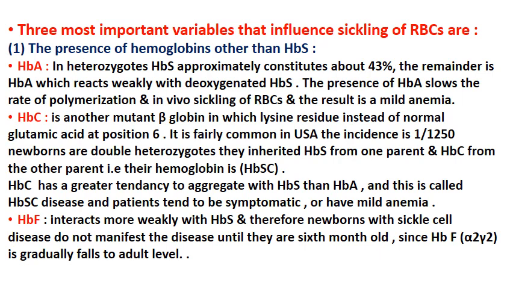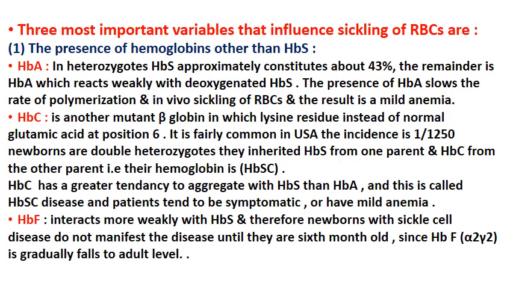First, the presence of hemoglobin other than hemoglobin S, such as hemoglobin A. In the heterozygote, hemoglobin S constitutes approximately 43%, and the remainder is hemoglobin A, about 55%, which reacts weakly with the deoxygenated hemoglobin S. So the presence of hemoglobin A will slow the rate of polymerization.